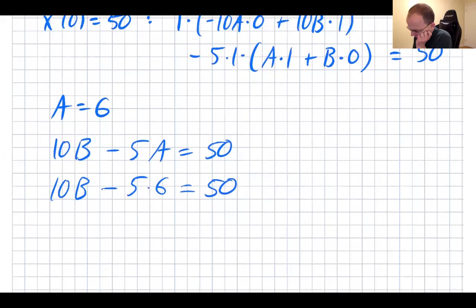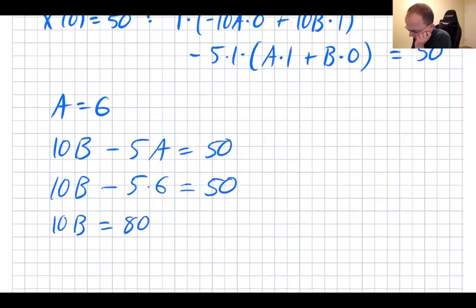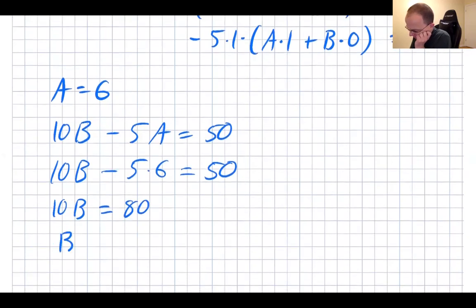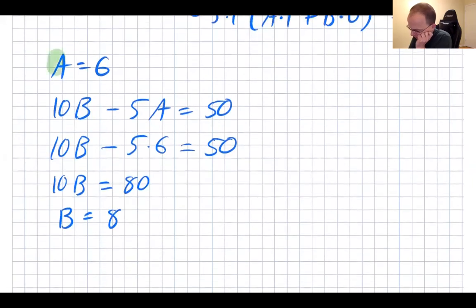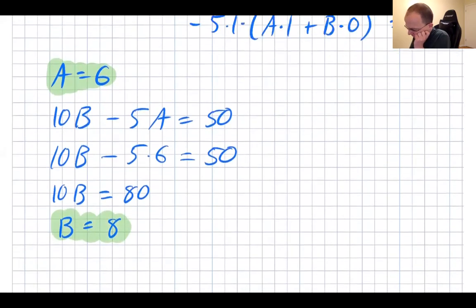So that's 30. So I'll get 10b minus 30. So I'll add that to the other side. So I get 80. And then finally, I get b is equal to 8. Okay, so there's the a value and the b value there.